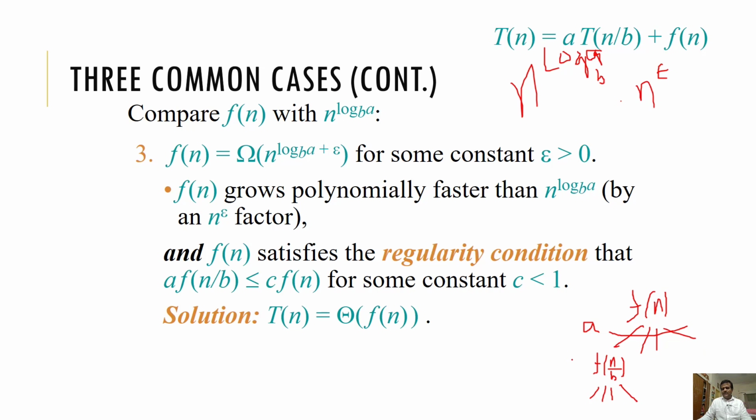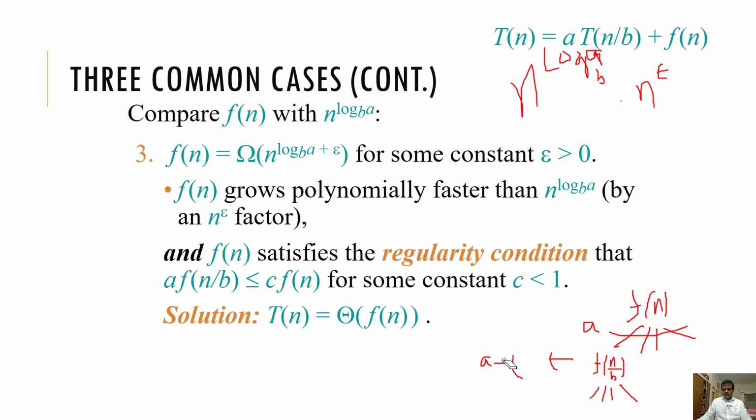At this level the total cost is a into f of n by b, because everything is f of n by b and there are a many.